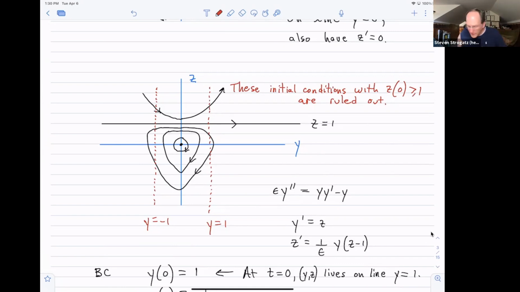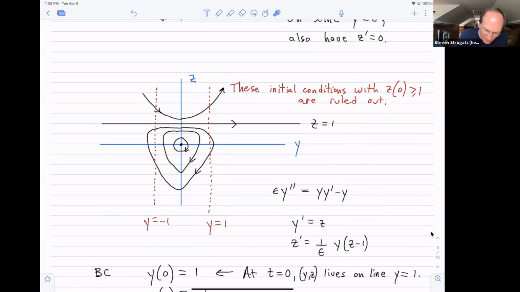So we can restrict attention to these trajectories that start down here somewhere. Notice, by the way, that you have to have a trajectory that's big enough that it actually intersects this line. There's no point looking at these, because they don't even hit the line. So they have to be big enough to intersect.